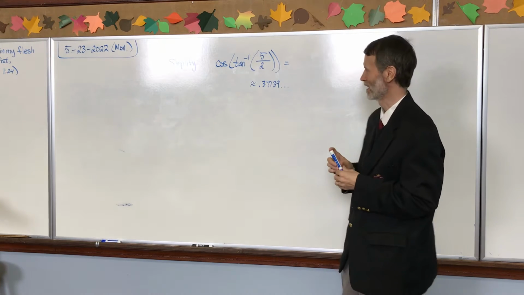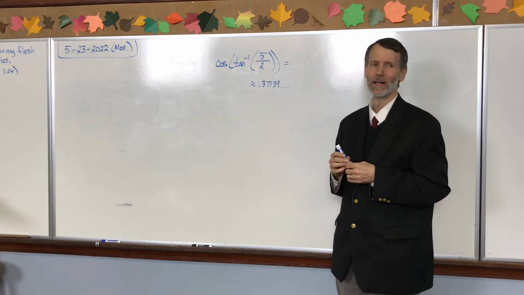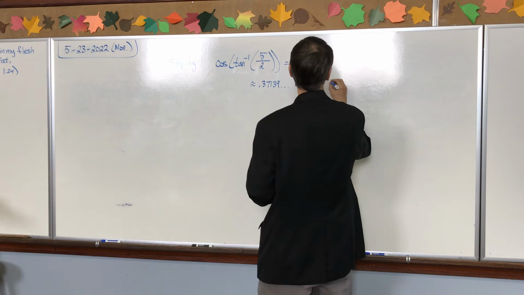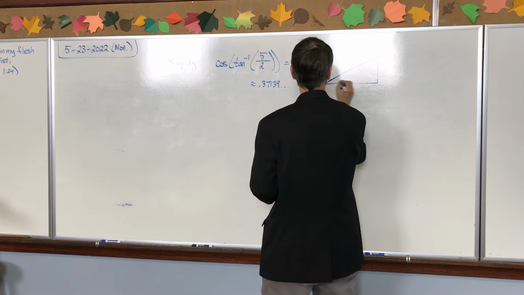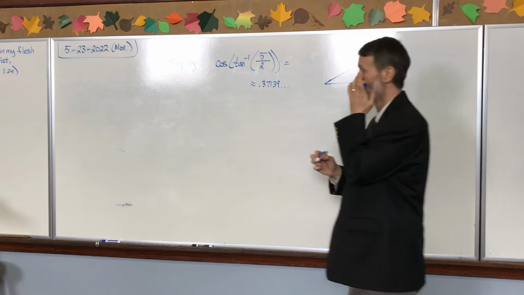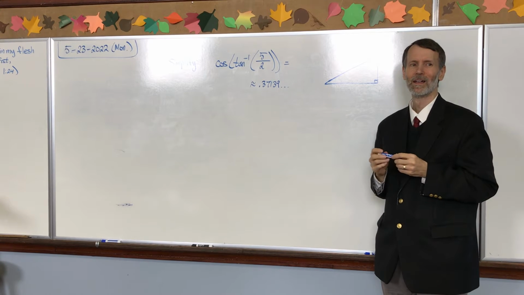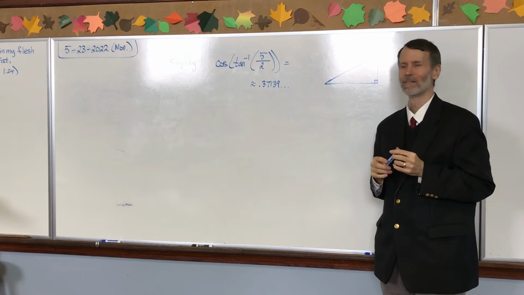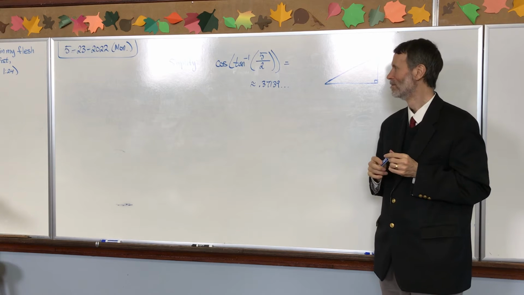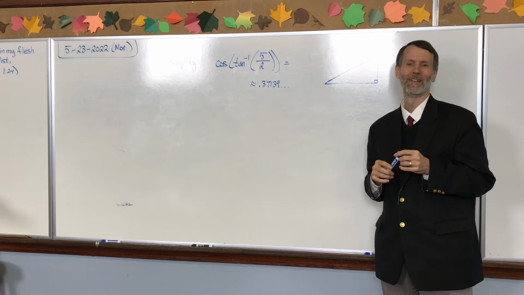Jack, tell me how to set this up. Well, you start by drawing a right triangle. Correct. Now what? You put 5/2 on there. You do tangent first.